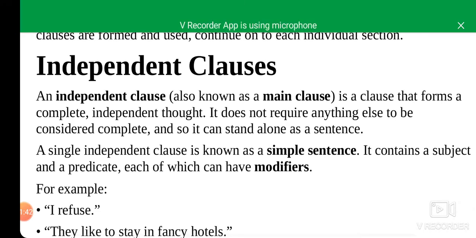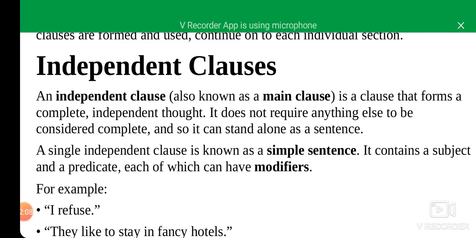We shall first discuss what the independent clauses are. Independent clauses, also known as main clauses, are clauses that form a complete independent thought. It does not require anything else to be considered complete, and so it can stand alone as a sentence.